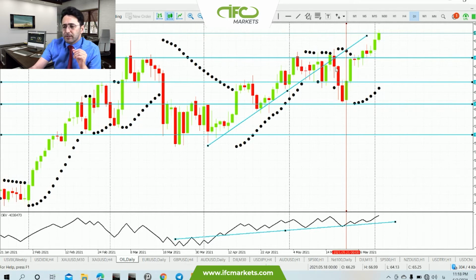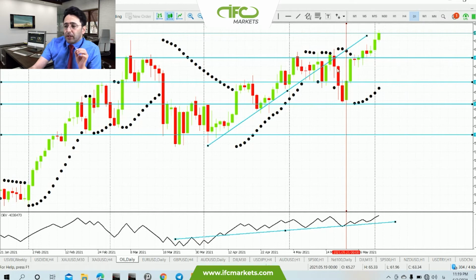These are the levels where your trend line is crossing your support or resistance levels. I'm saying support or resistance because on the 21st of May, this level was your resistance level, not the support. And now this resistance became your support after about 3 weeks.